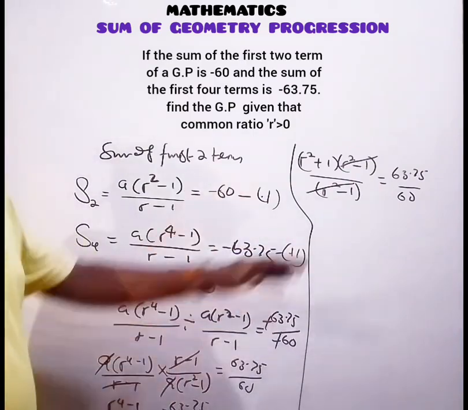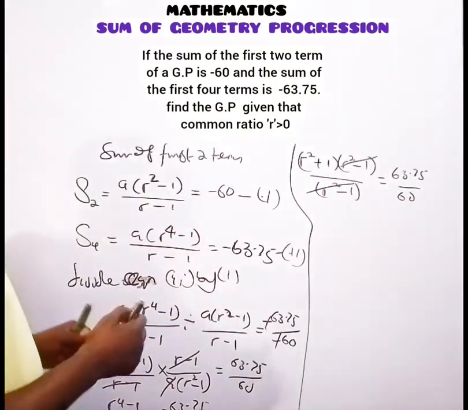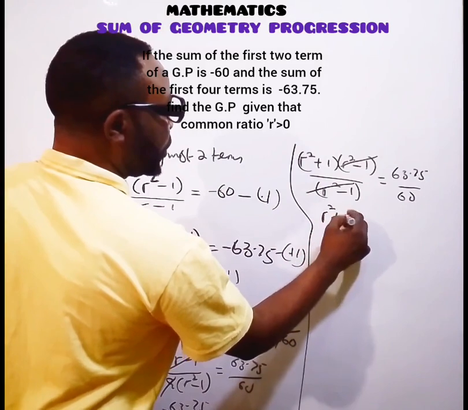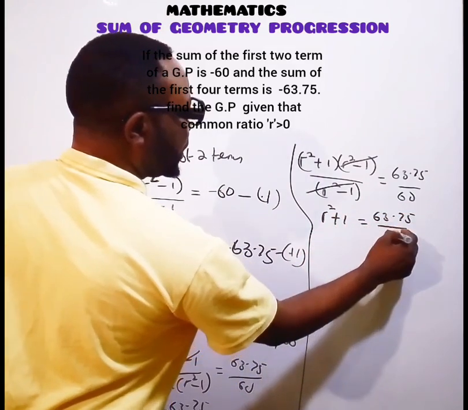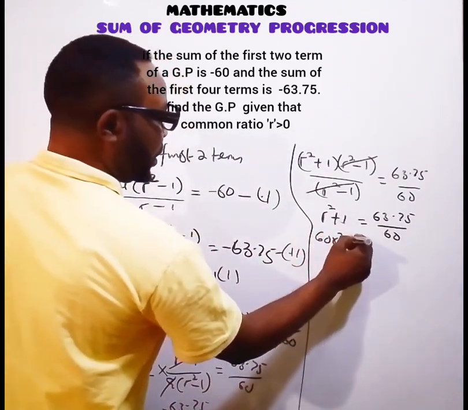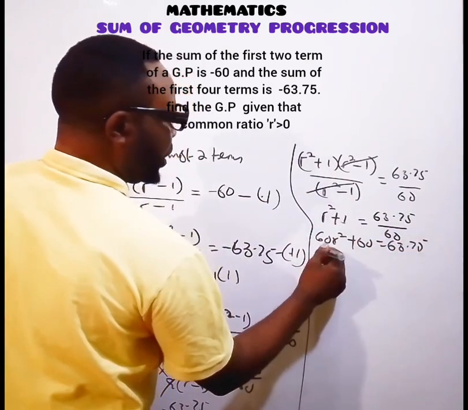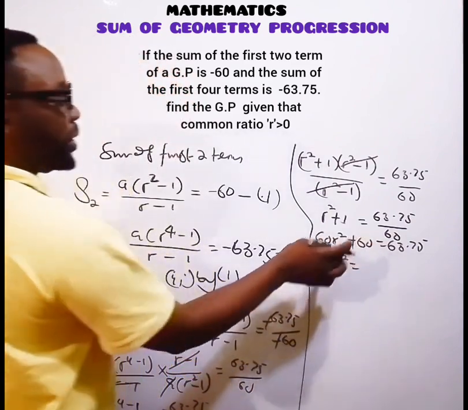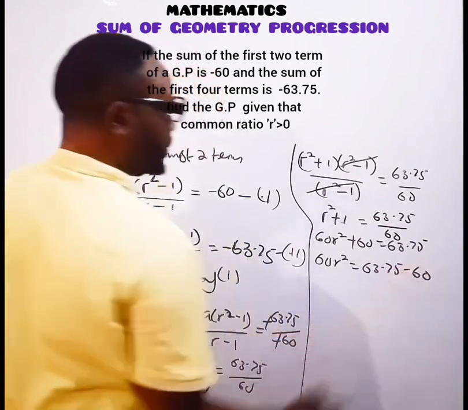Now that that one has been cut out, we can say the value we are left with is r^2 + 1 equals 63.75 over 60. So we cross multiply: 60r^2 + 60 is equal to 63.75. So 60r^2 will be equal to, you subtract 60 from both sides, 63.75 minus 60.